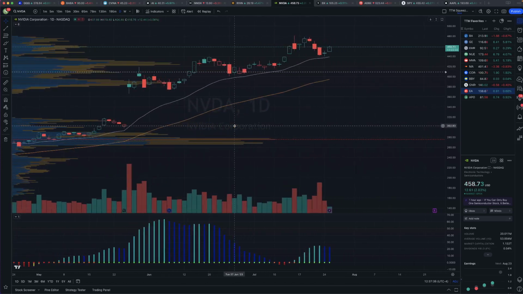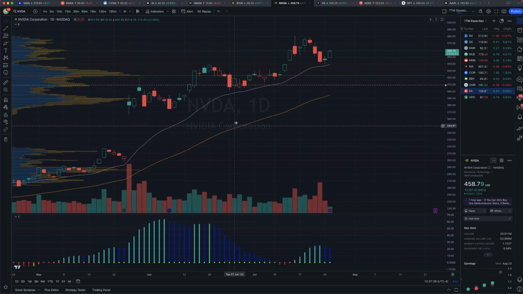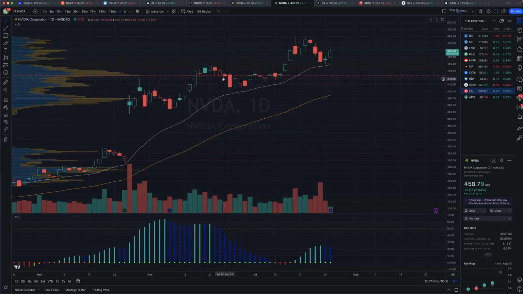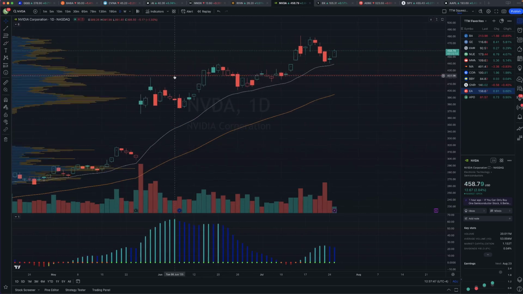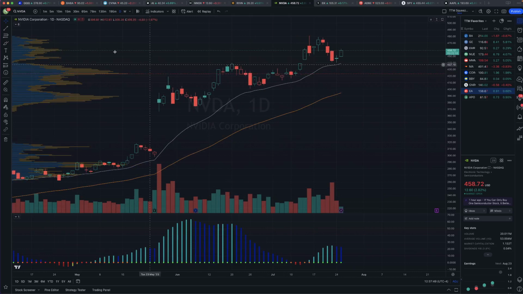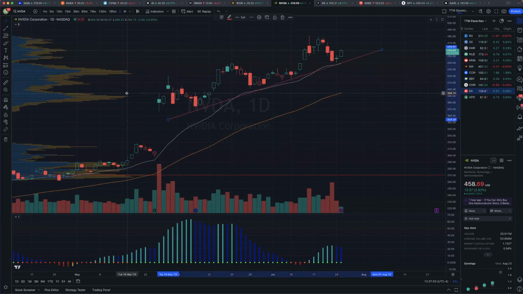And let's start to mark NVIDIA up. I think I have an alert there. We'll get rid of it. All right, so immediately what I start to see is we're trending up, right? We got this ascending channel.